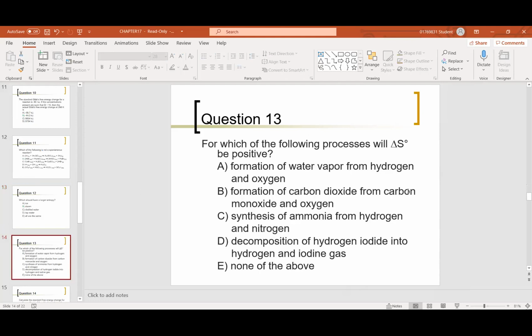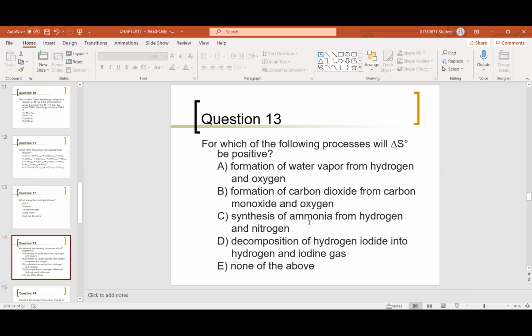For which of the following processes will delta S not be positive? Okay, so positive means more disorder. Formation of water vapor from hydrogen and oxygen? No, don't think so. Formation of carbon dioxide from carbon monoxide and oxygen?